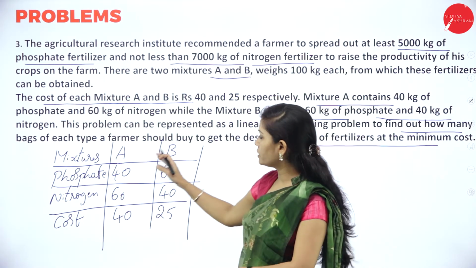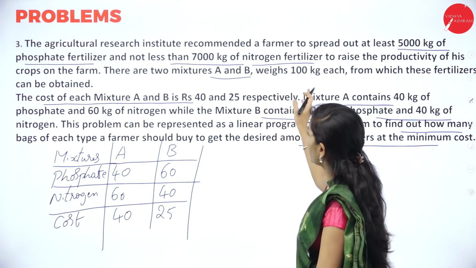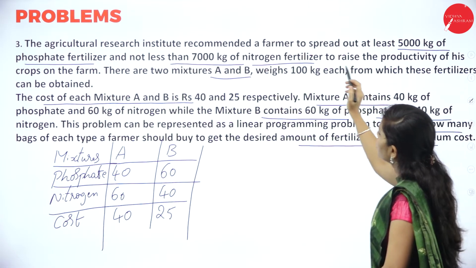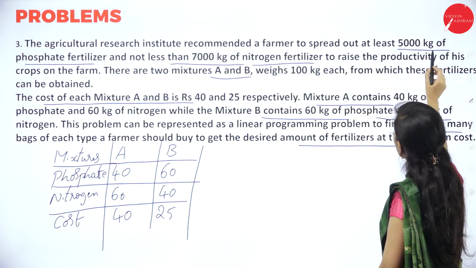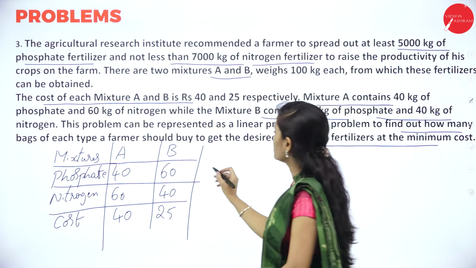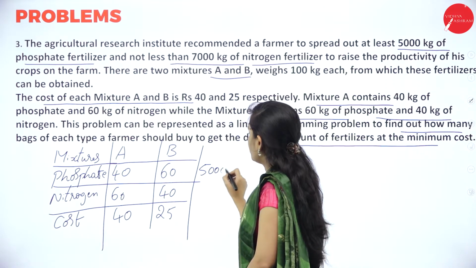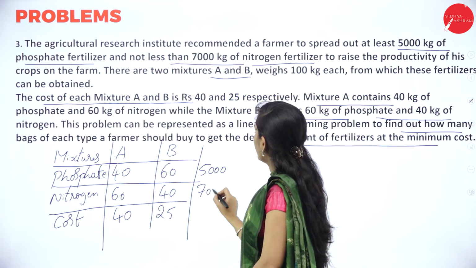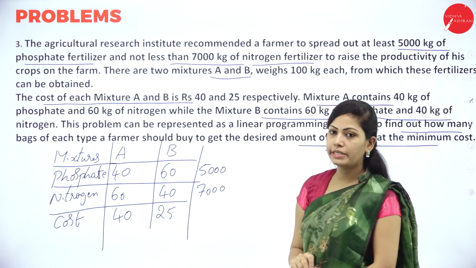First write all the given values, and also the minimum requirements. The farmer is to spread out at least 5000 kg of phosphate and not less than 7000 kg of nitrogen fertilizer.